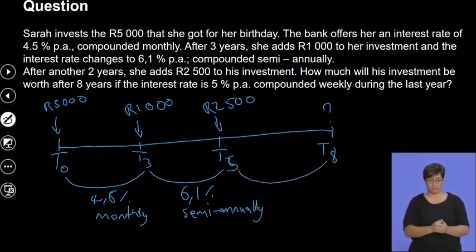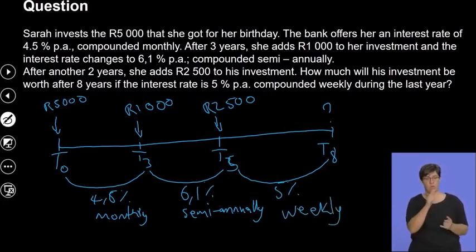And then for the last duration of her investment, it became 5% compounded weekly, so this was on a weekly basis. And then you will use all of this to calculate.